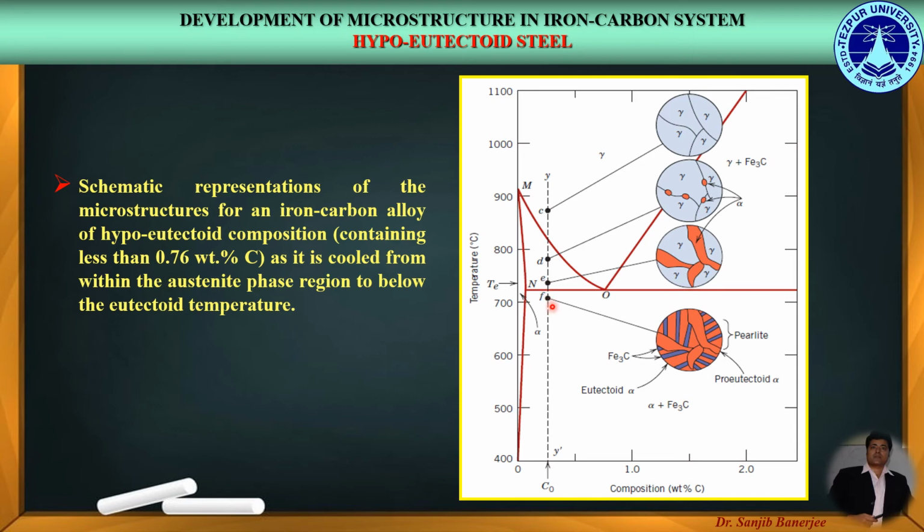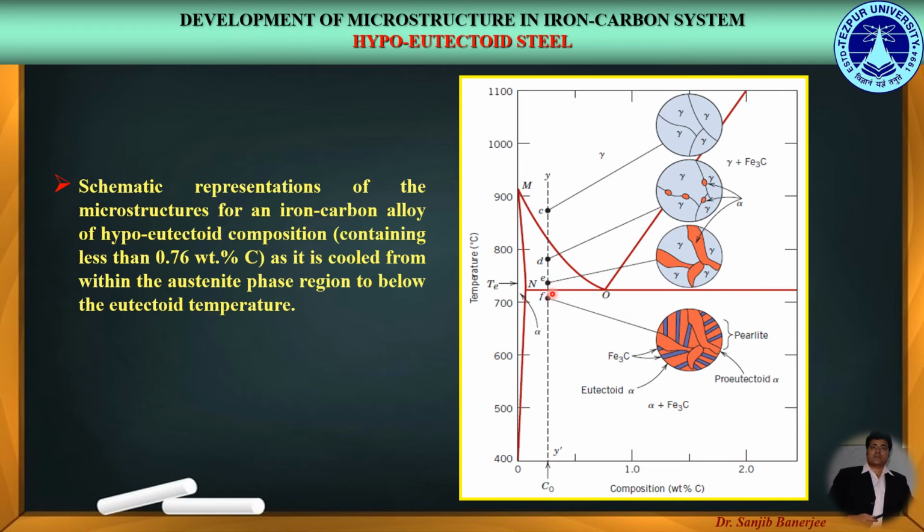Now while cooling further, we cross the eutectoid temperature of 727 degrees centigrade and we reach point F, where we can see the microstructure in this particular inset.